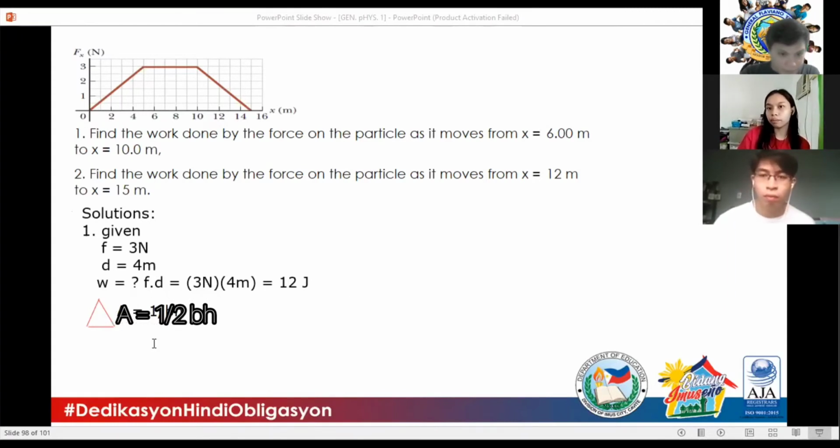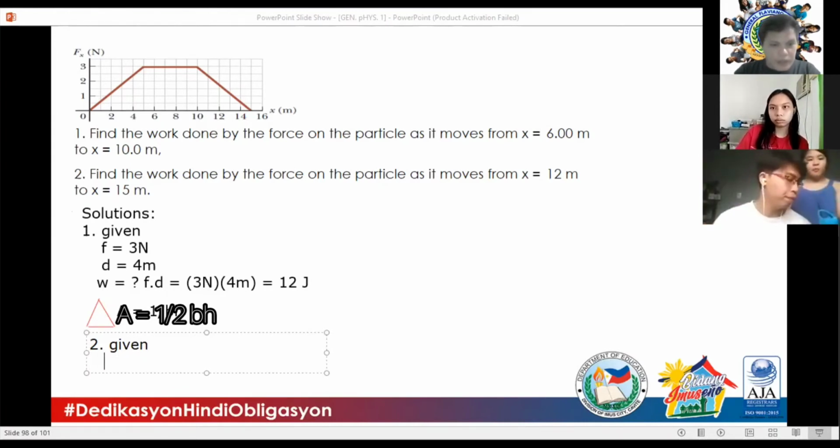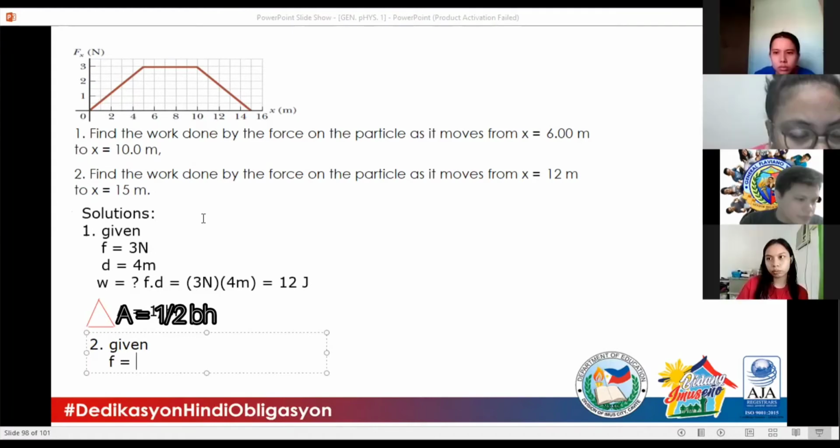Okay? So, kung ang number 2 ninyo, you are asked to find the work done by a force on the particle as it moves from 12 meters to 15 meters, what will be the work done? So what will be your given? Ano yung force mo? Force is equals to, yes, Marinel, what will be the force?